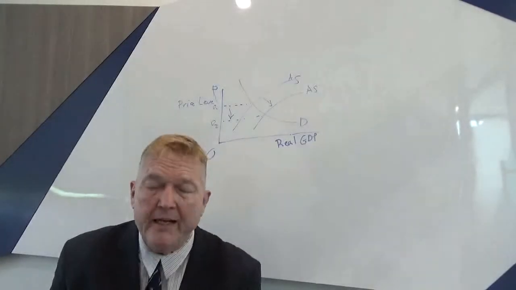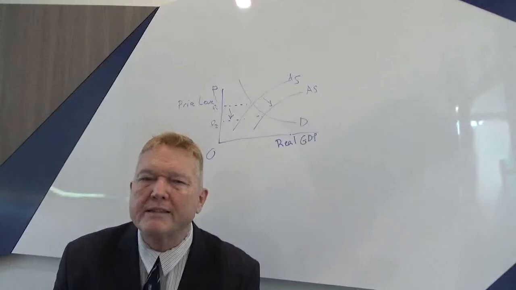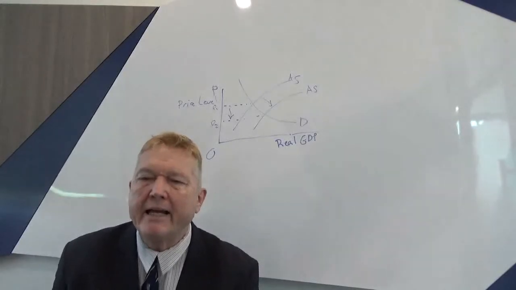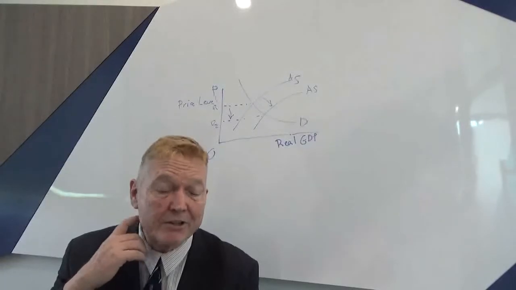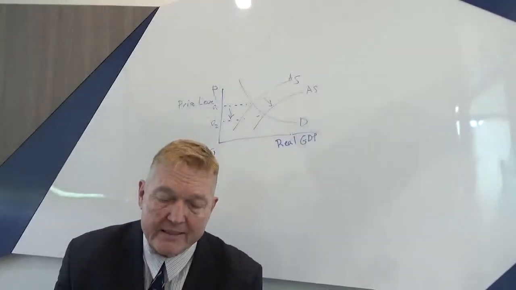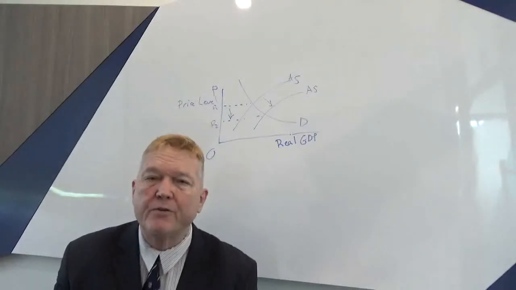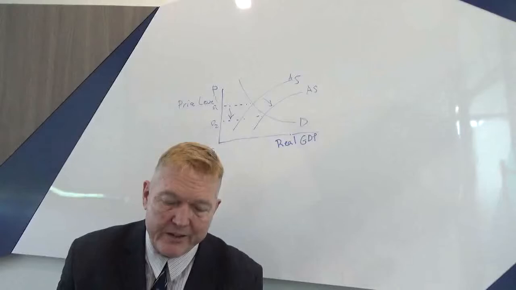In fact, unemployment is discussed a little bit, but unemployment is more discussed at the A level than at the AS level. So for chapter 4, we're going to put more emphasis onto inflation.